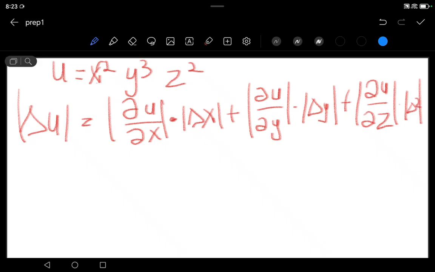All this we're going to multiply by u. And then what we're going to do now is get change in u.